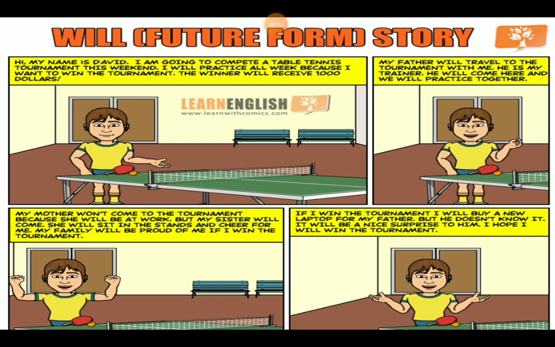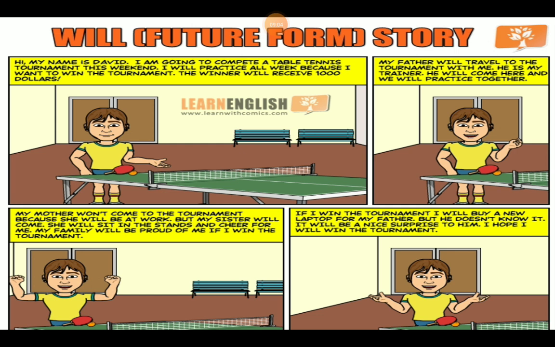All these sentences are in future tense, right? I'm going to compete in a table tennis tournament. So instead of will, we can use I'm going to, right? I've said already. And then, I will practice all week because I want to win the tournament.